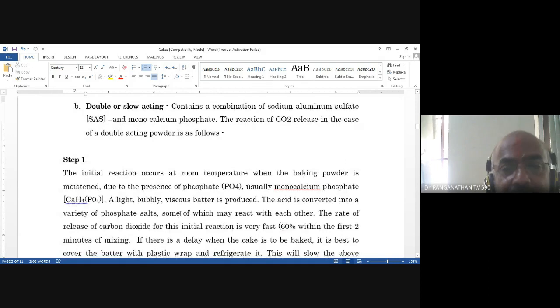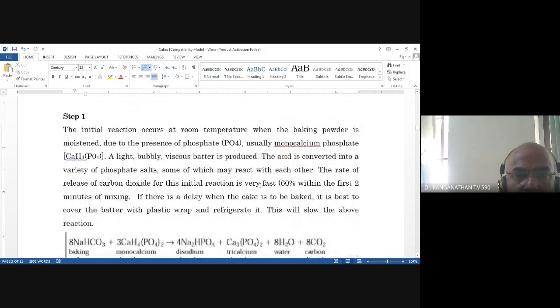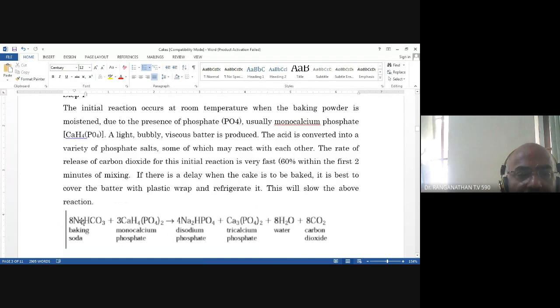So basically what happens, monocalcium phosphate, the carbon dioxide is liberated, acid is converted to a variety of phosphates also. Sodium bicarbonate, calcium phosphate gives disodium phosphate, trisodium phosphate, and the carbon dioxide. This happens within the first 2 minutes of mixing.